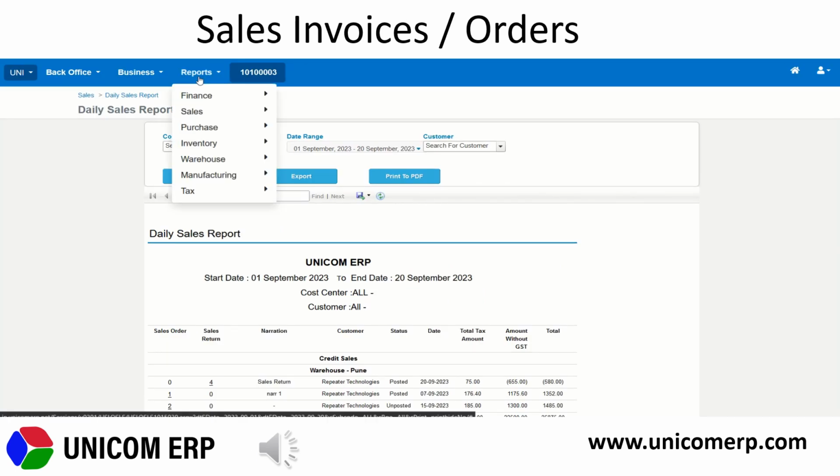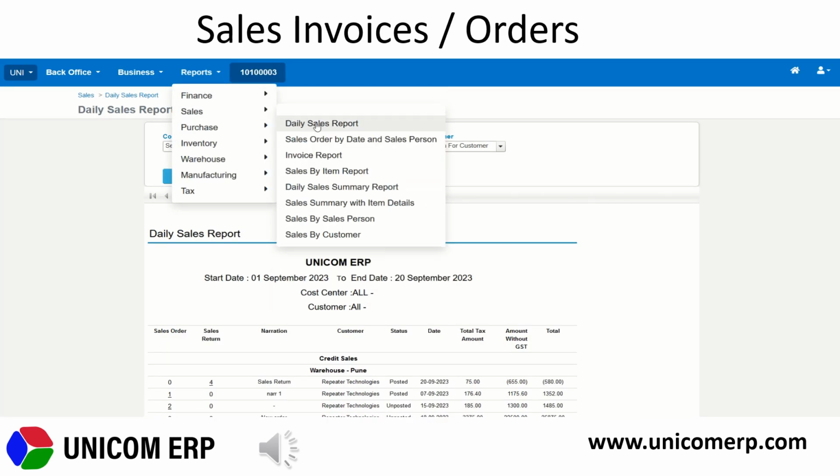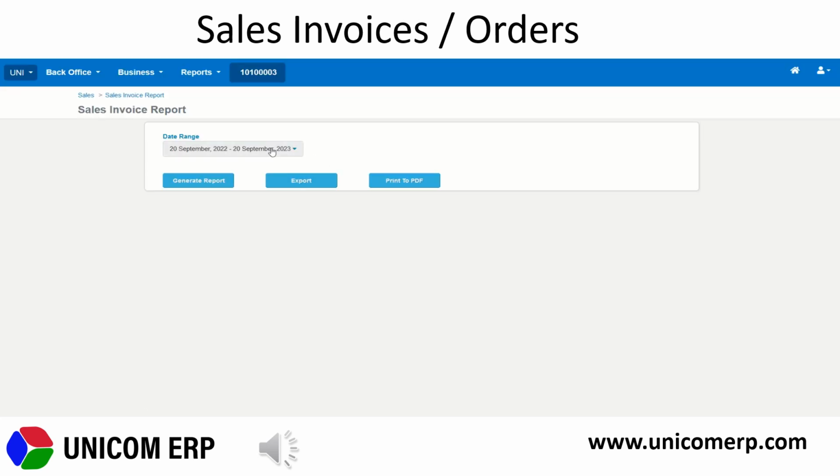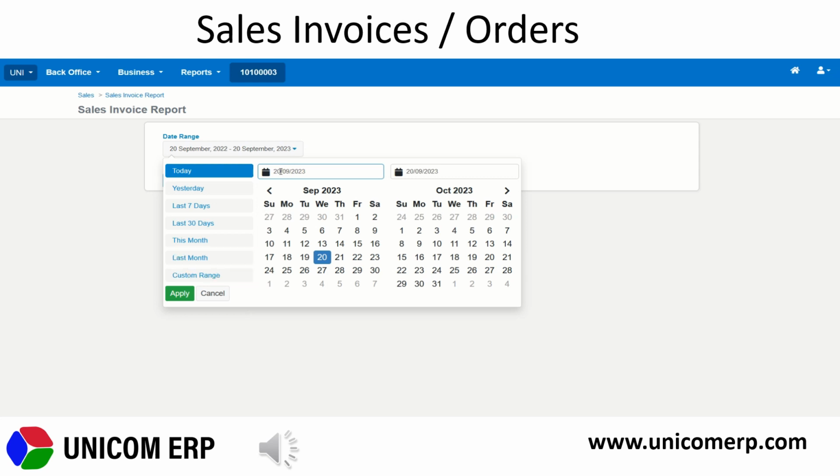Another report under Reports, Sales menu option is the Invoice Report, which will list all sales orders for the selected period. Details of any sales order can be viewed from the hyperlink related to that sales order.